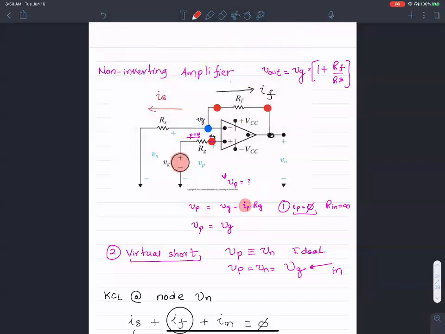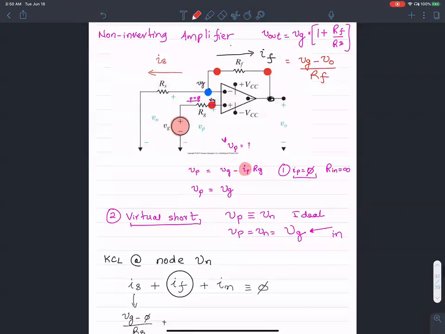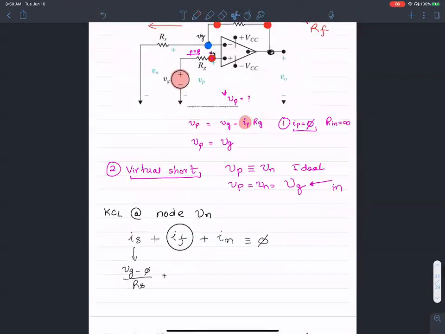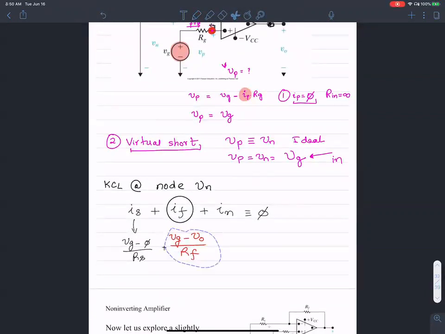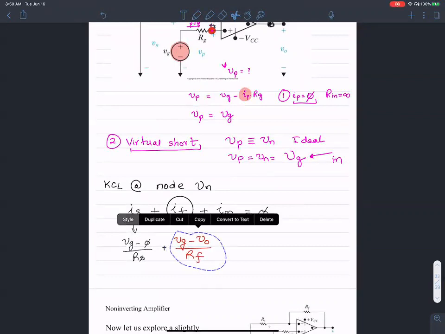So IF is going to be VG minus VO over RF. Okay, let me copy that over here in place of IF.